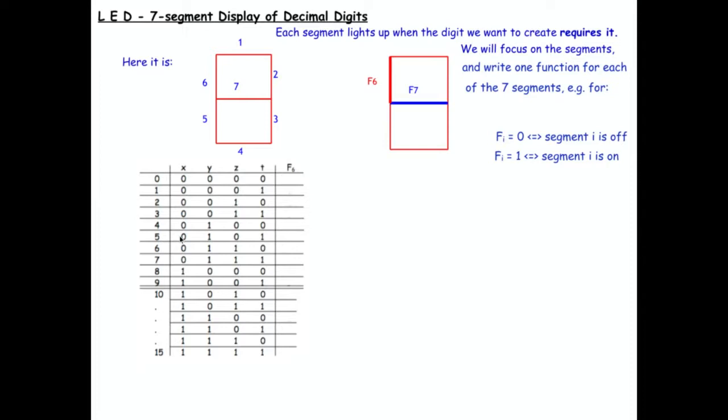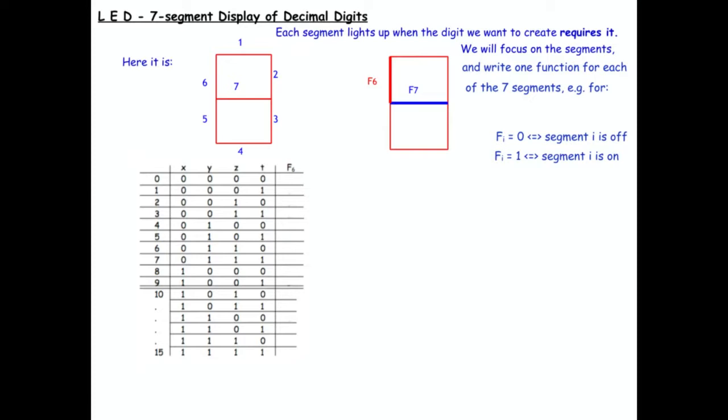And the behavior that we're shaping here of F6 should be such that with these 4 inputs, F6 should be what, Stephanie? Should it be 1 or 0? It should be 1. Excellent. It should be 1, right?